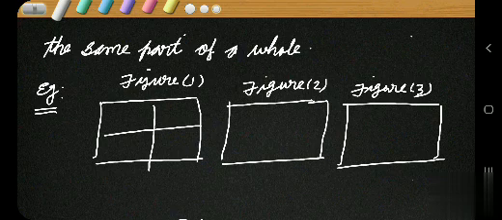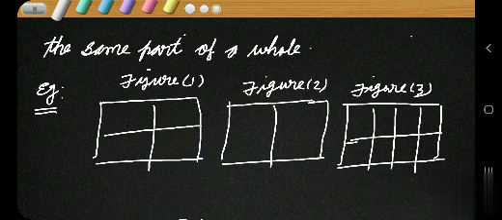Now the first rectangle has been divided into 4 equal parts. The second rectangle has been divided into 2 equal parts. And the third rectangle has been divided into 8 equal parts. Please draw neatly using ruler and pencil.